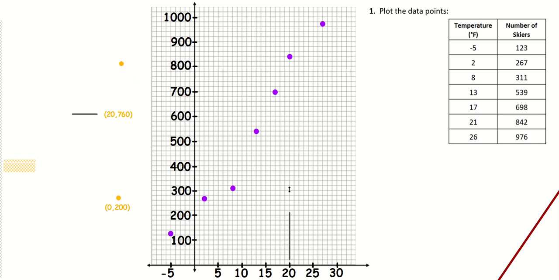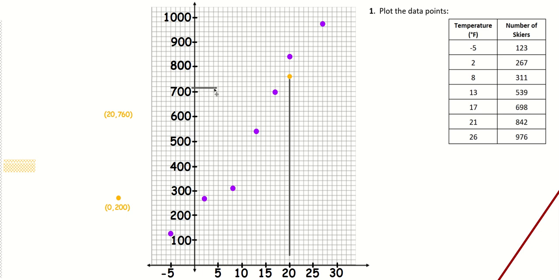20, 760. Let's see here. So that's 700, 720, 740, 760. You're going to have to manage for yourself. Where's 7? Okay, so here, look, this is going by 20s if you haven't noticed. 20, 40, 60, 80, 100.